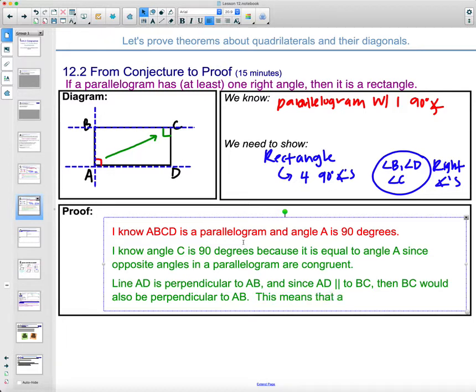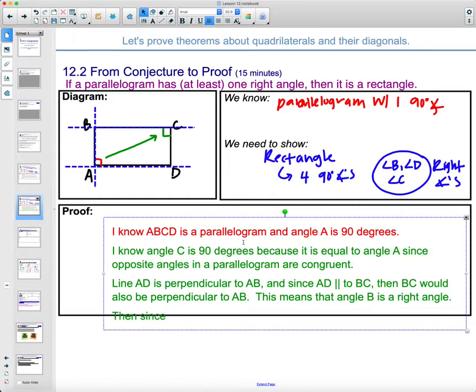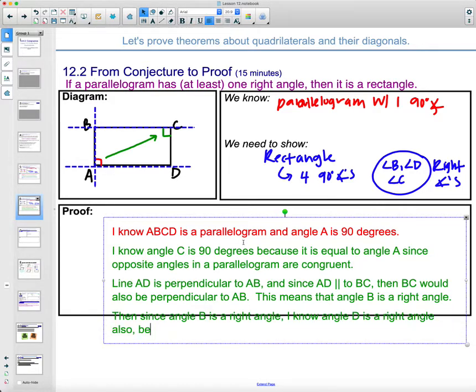This means that angle B is a right angle. Then since angle B is a right angle, I know angle D is a right angle also, because again, opposite angles in a parallelogram are congruent.